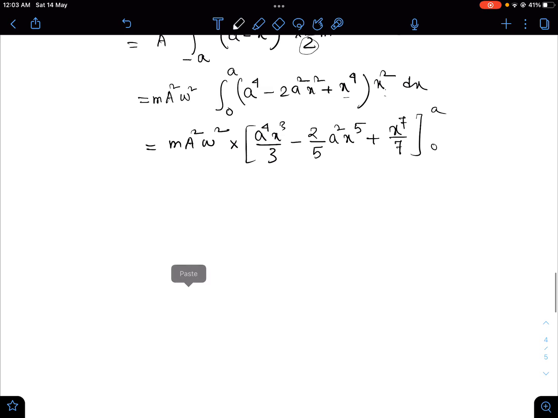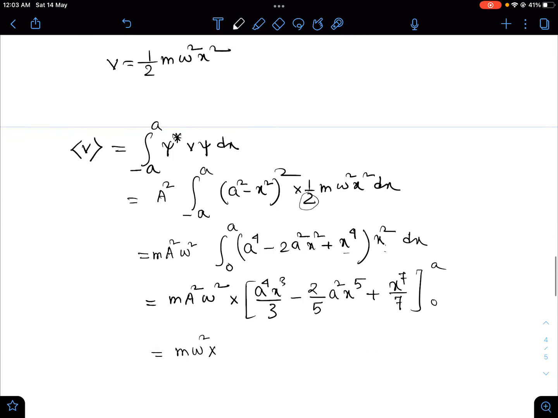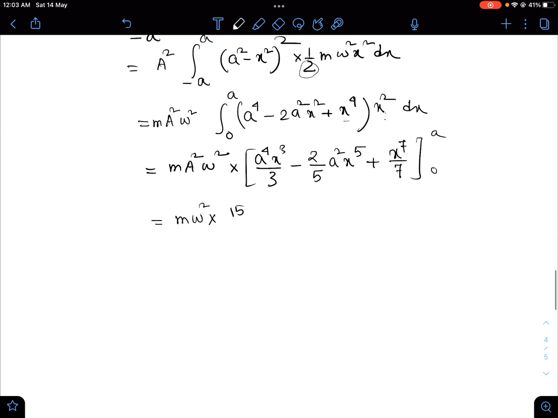So let us put the value of all this, m ω² a². We have the value of 15 by 16 a to the power 5. We have a to the power 7 common. So here we will have 1/3 minus 2/5 plus 1/7.